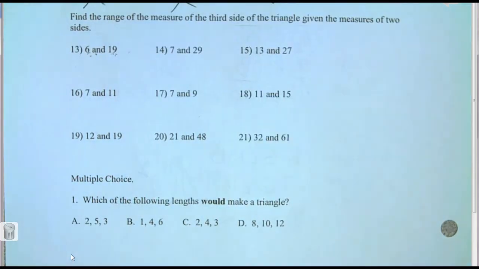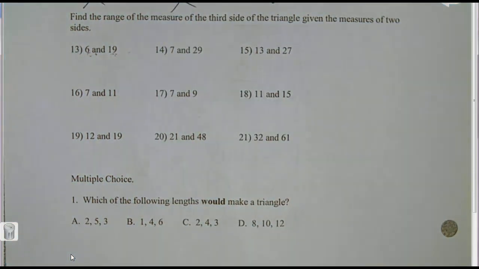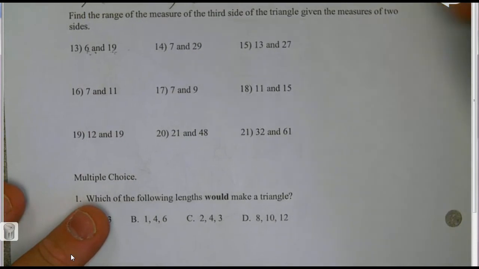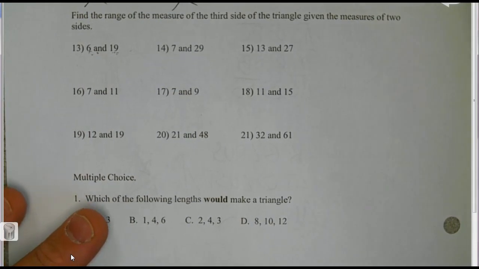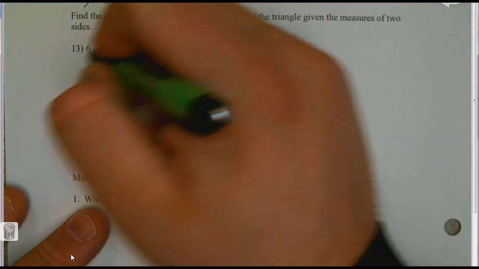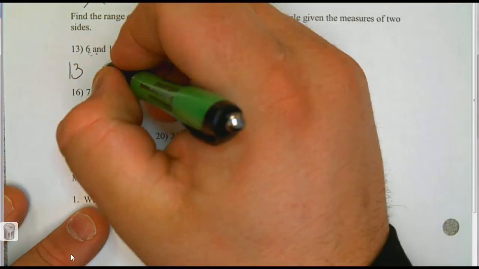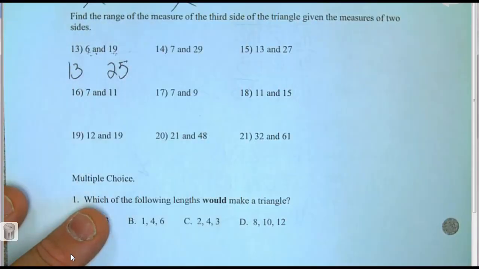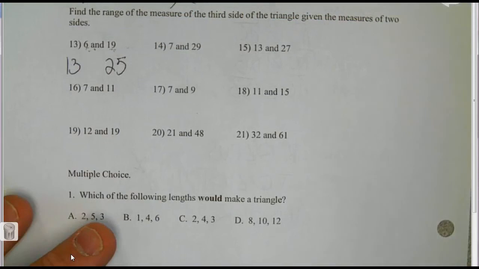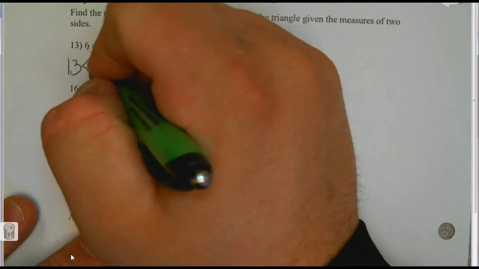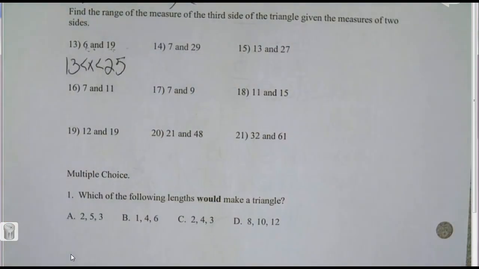So in order to find the missing measures, all you have to do is take your first two sides and subtract the two numbers, in this case 19 minus 6, and then add the two numbers, 25. And whatever value you get, that third number must be between 13 and 25.